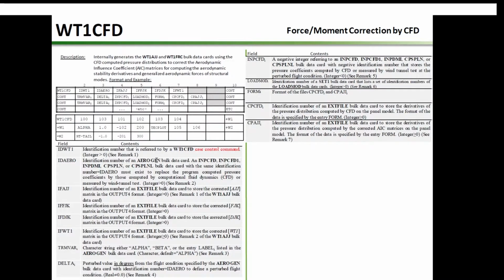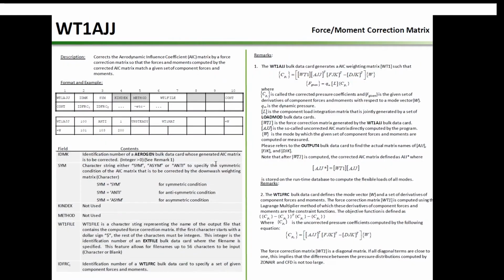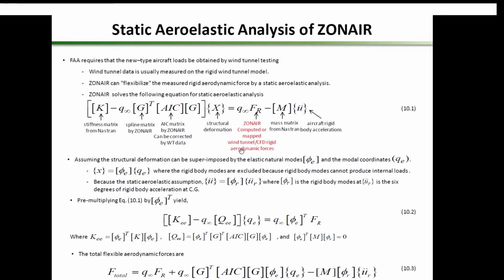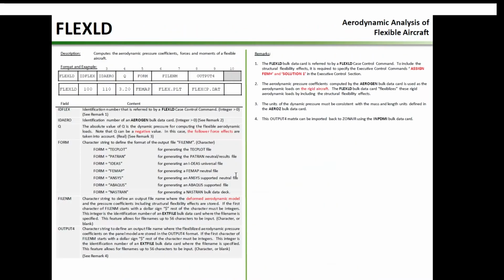Meanwhile, if you have a CFD solution at angle of attack 1 degree, you can use the IMPCFD or IMPCFD1 to import and replace the ZONAIR computed CP at angle of attack 1 degree by those CFD computed CP at 1 degree. In other words, in this equation, we replace the ZONAIR at 1 degree by the CFD computed CP at 1 degree.